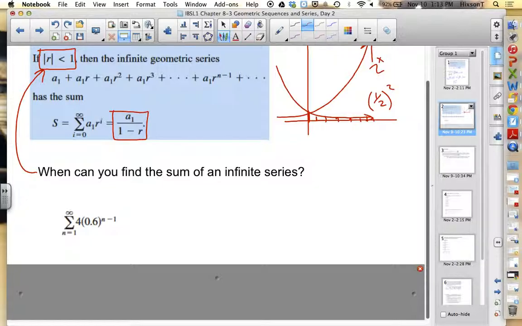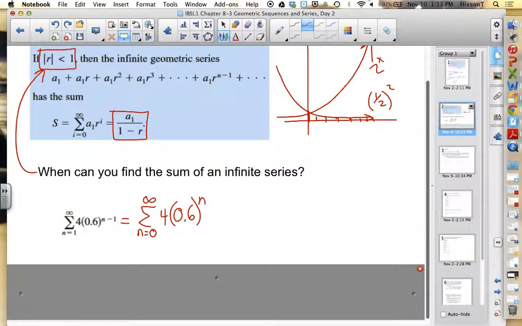We could even rewrite this. Because you have the n minus 1, we could write this as the sum of n equals 0 to infinity, since infinity plus 1, or I should say infinity minus 1, is still infinity, of 0.6 to the n.